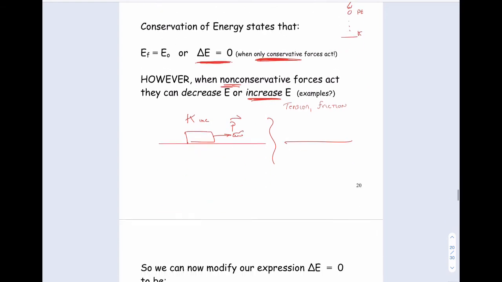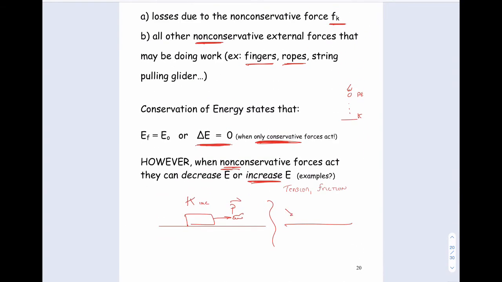Here, if I throw something across the floor as it slides to the right, there's a kinetic friction force. Here I have a non-conservative force decreasing the energy. The kinetic energy is decreasing because it's slowing down.